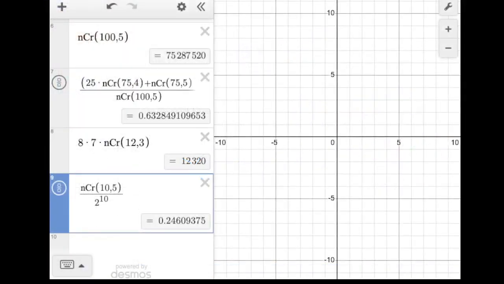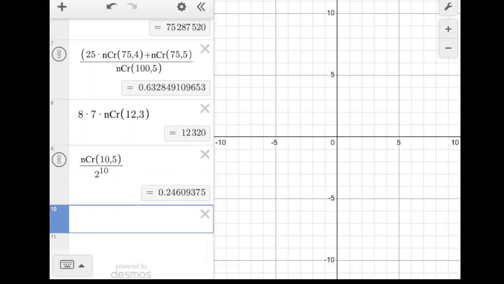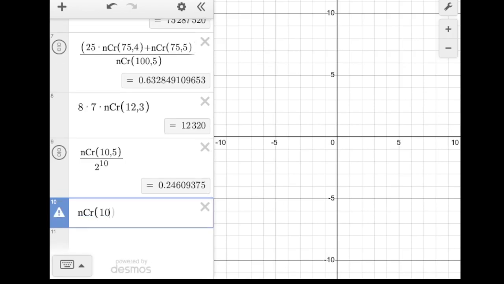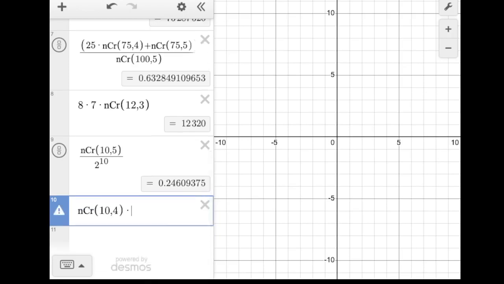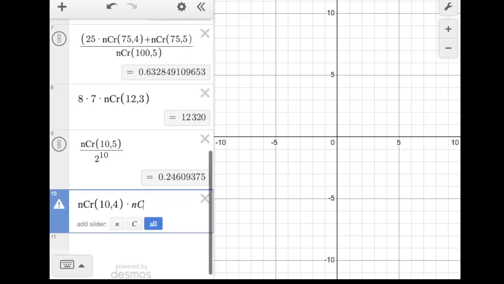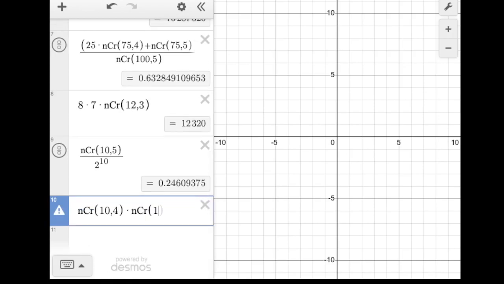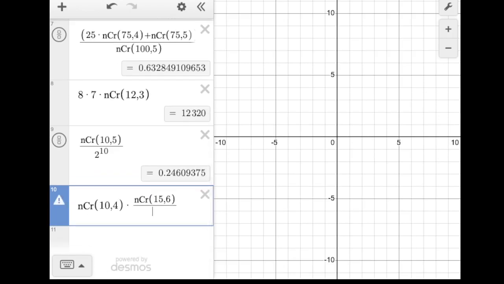So we get used to seeing this plugged in, we have 10 choose 4 times 15 choose 6 divided by 25 choose 10, the total number of ways.